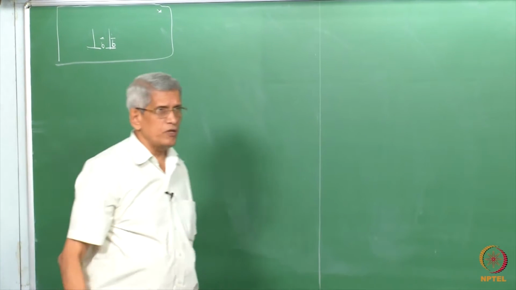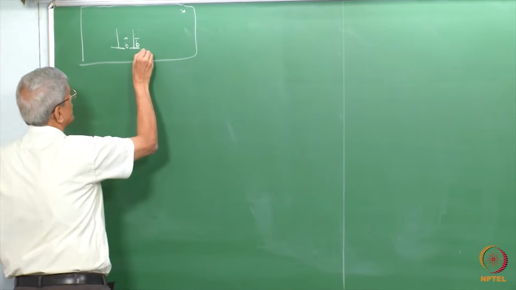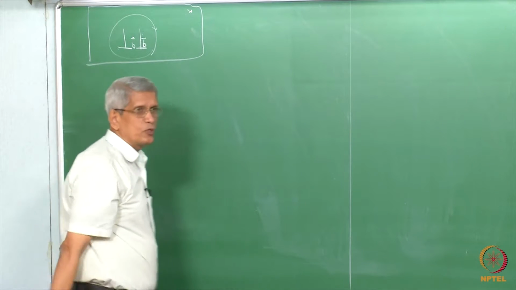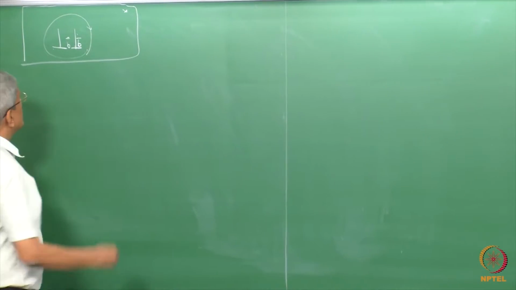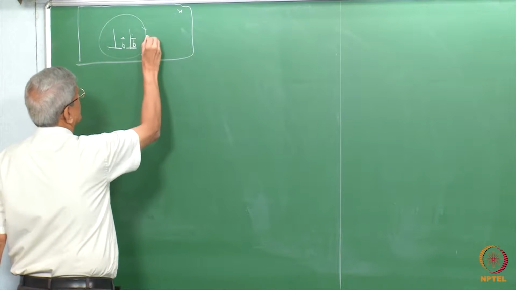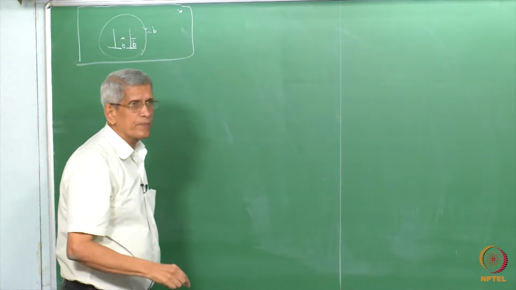We assume that these are so close by. If I do a Burgers circuit around these two together, what will be the Burgers vector? This together will turn out to be 2b, correct?